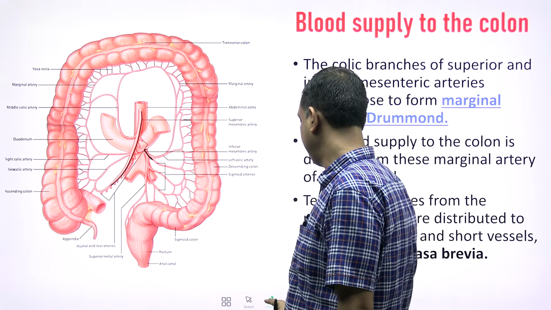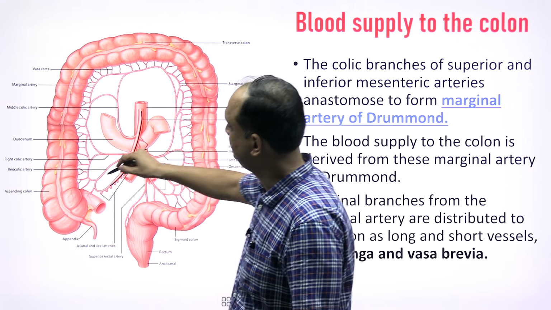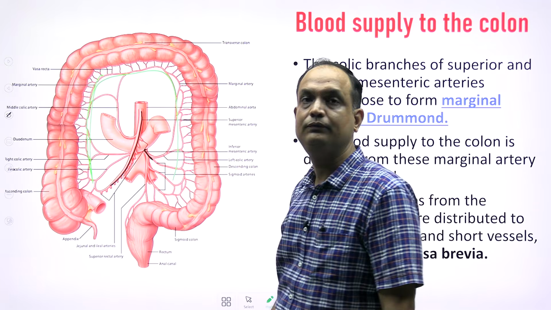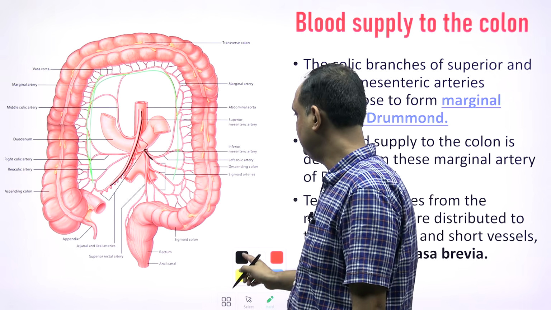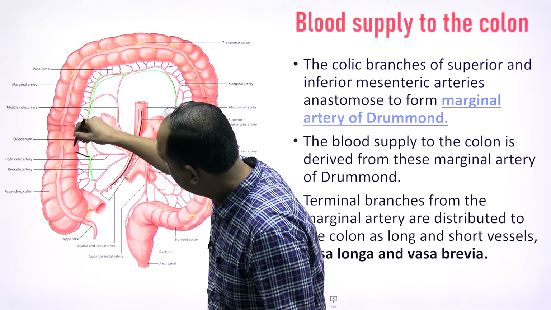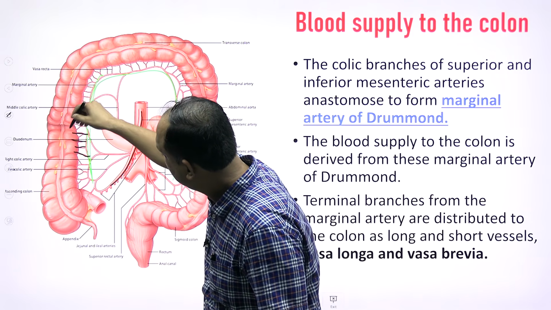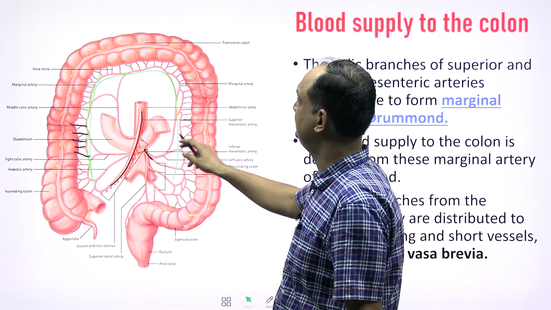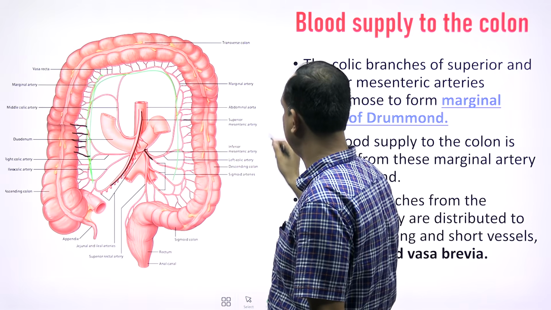These arteries form an arterial arcade on the inner side of your colon. From this arcade, blood vessels arise and approach the large intestine. These arterial arcades are known as the marginal artery.